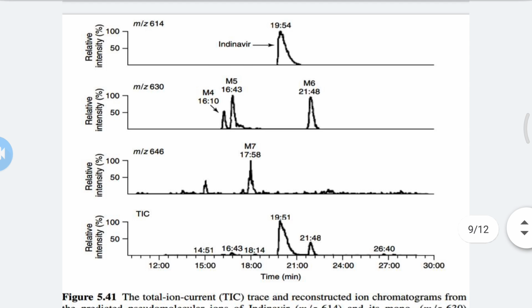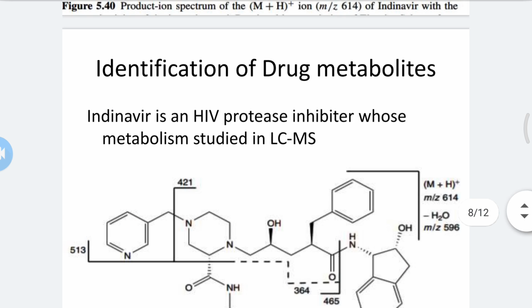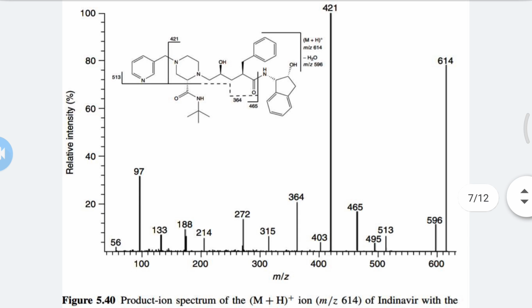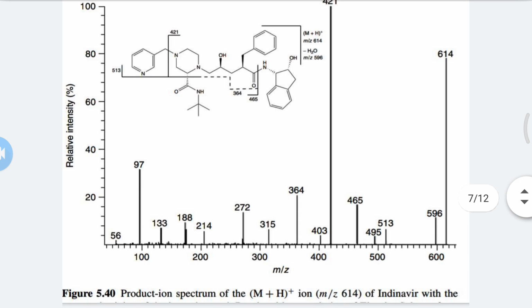Hydroxy or dihydroxy metabolites mean adding water molecules or hydroxy groups to this structure, and these structures are allowed in RIC, reconstructed chromatogram, but not in APCI, atmospheric pressure chemical ionization, and electrospray ionization. These increased molecular weights are not determined or shown in this graph.